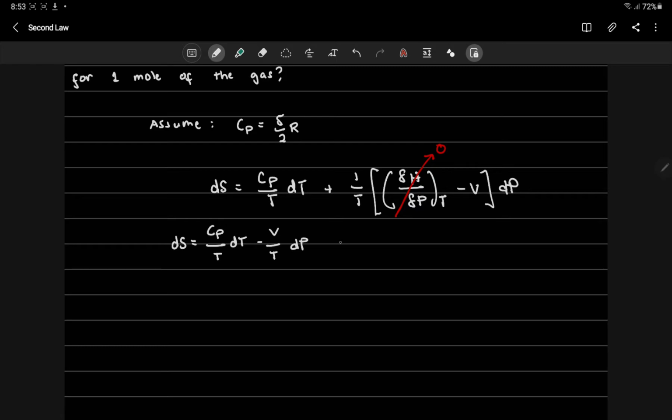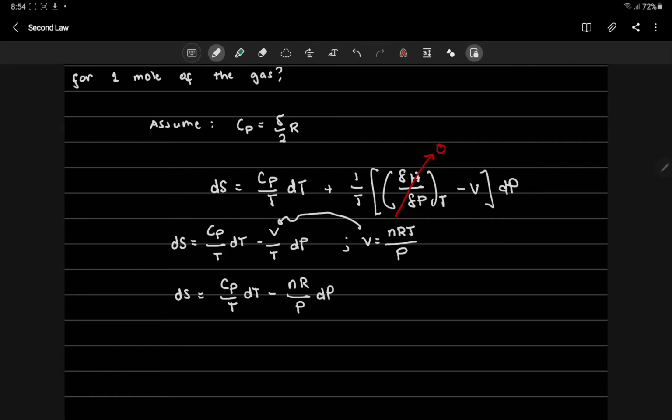Now, since perfect gas ang meron tayo, we can express that yung volume as nRT over P. So we can substitute this volume dito sa volume na nasa equation natin. So magiging dS equals Cp over T dT minus nR over P dP.